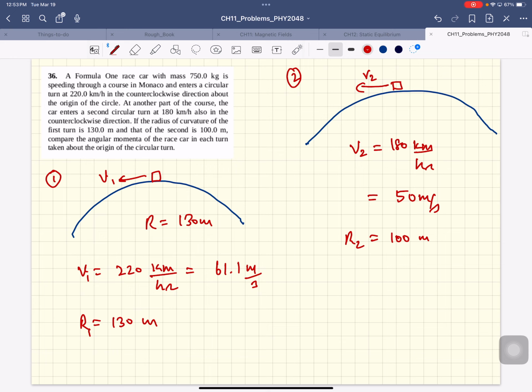All right, now what the problem is asking you is to compare the angular momentum. So we are going to treat this car as a point particle, and the angular momentum when you go on a circular path is mvr. Mass times the velocity times the radius. We'll calculate L1 and L2.